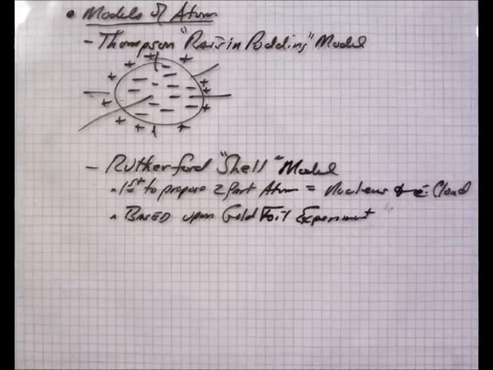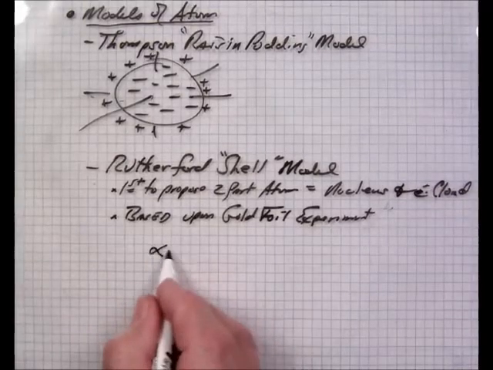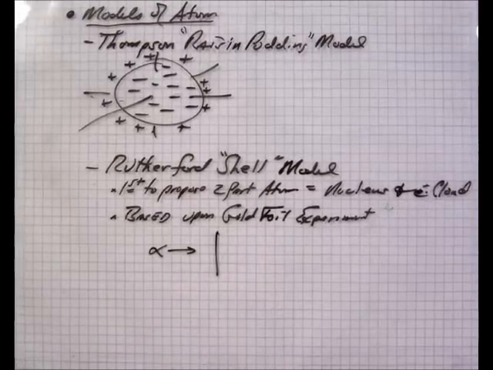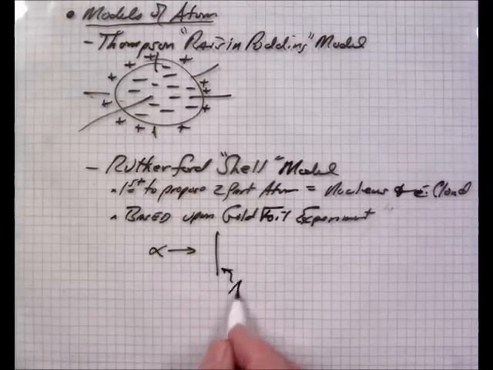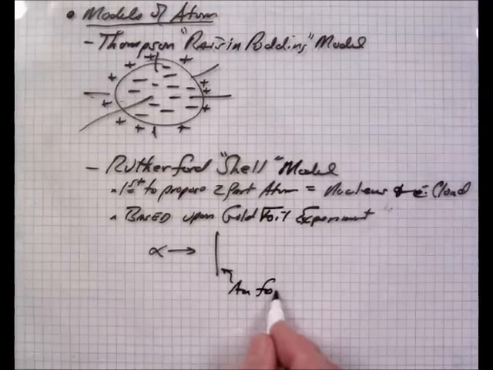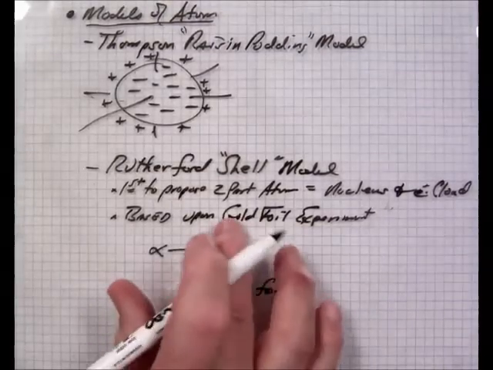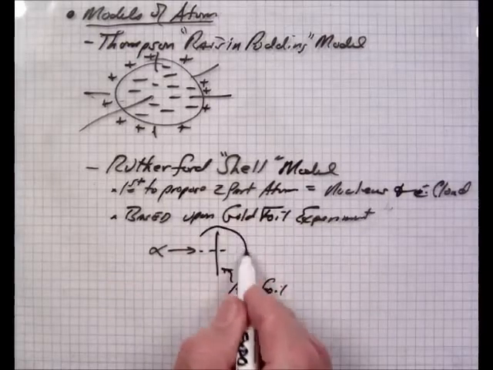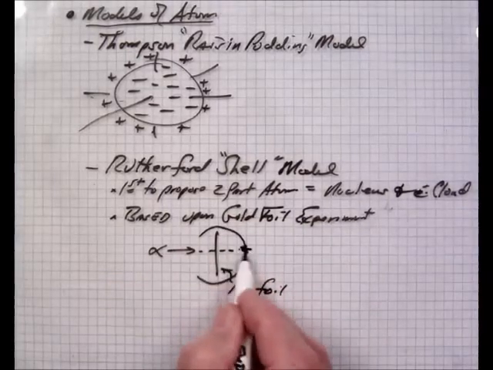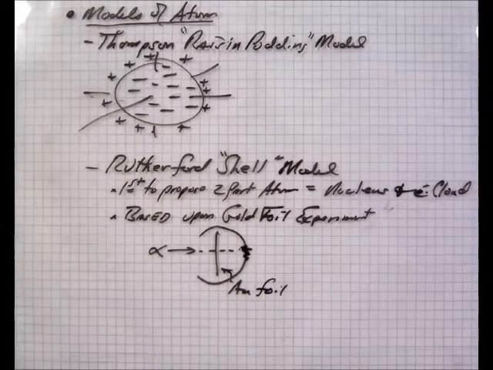In which he fired alpha particles at a leaf of gold foil, and he had a photographic screen around the gold foil, and he found that most of it went right through without touching anything.